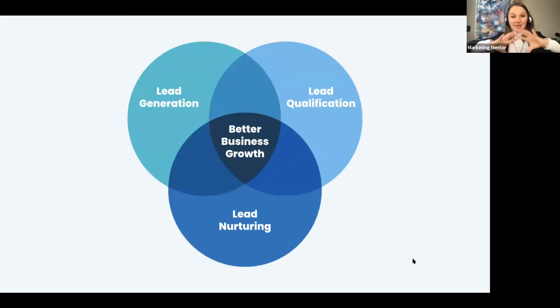So when I'm thinking about firm growth, I'm thinking about marketing from 3 points of view. One is lead generation. So how am I getting those new qualified eyeballs? The second is lead qualification. So how am I qualifying the leads? Because as you well know, not all leads are created equal. Some are ready to become clients right away.